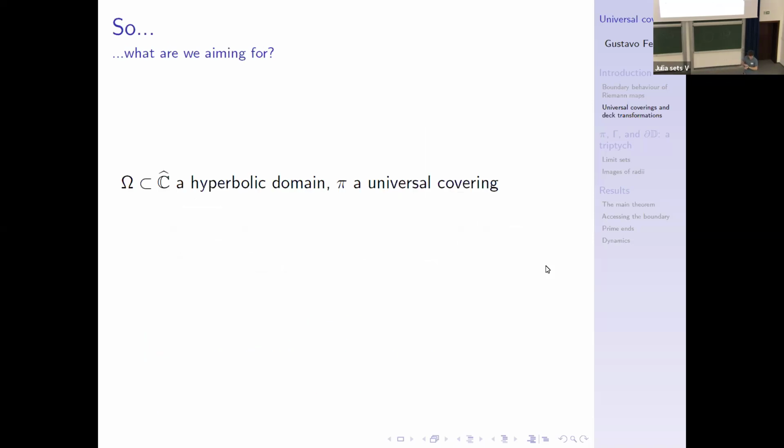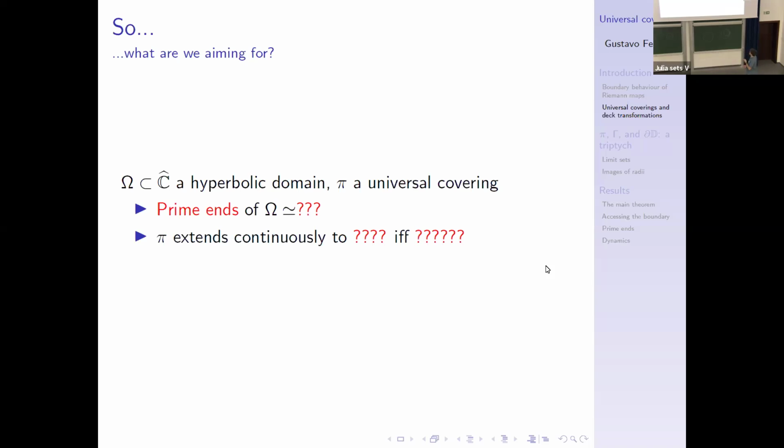So what exactly are the questions that we're going to try and answer for the remaining, let's say, 35 minutes? If you give me a hyperbolic domain and a universal covering, I want to know first, how should I define the prime ends of omega, and what do they correspond to on the boundary of the disk?